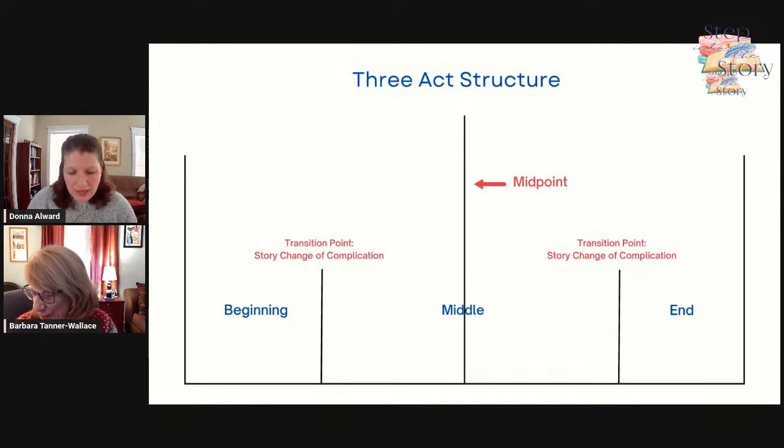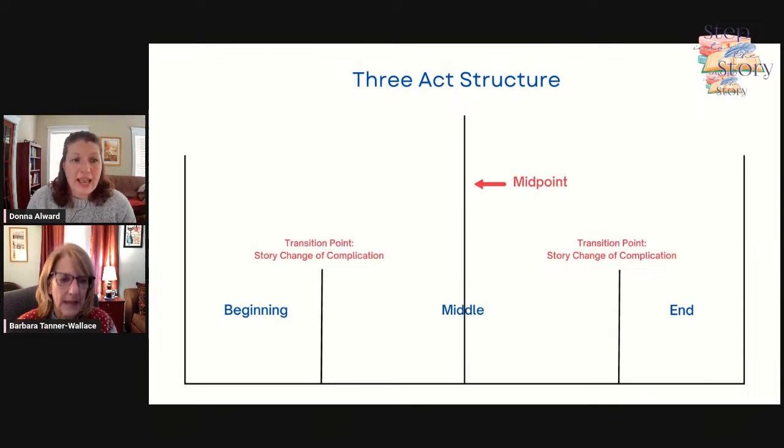But it must complicate your plot further, and it must develop your plot further, and lead you closer to that all is lost moment that launches us into the third act. Because otherwise, if it's just stuff that happens, it doesn't actually sort of turn things enough or complicate things enough, and you end up with a saggy middle.